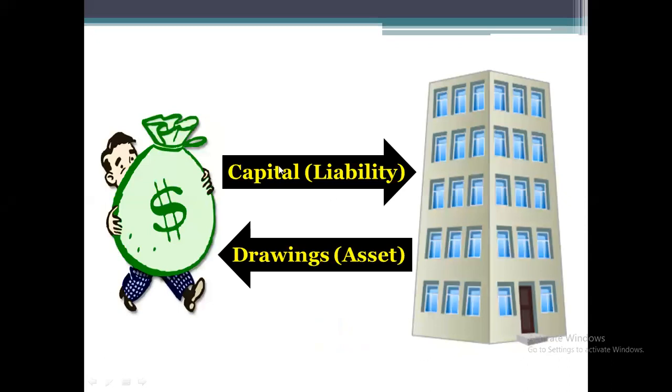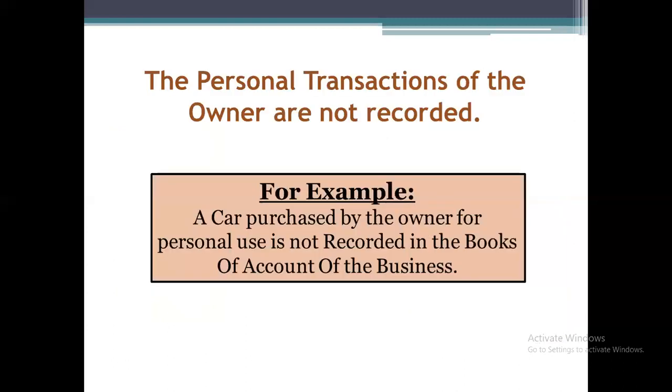That is the reason this concept came into picture, which says whenever the owner puts some amount into the business, that is called capital. And whenever he takes money, you will term it as drawing. So you need to keep track of how much the owner has given to you, and how much he has taken from you. I hope this concept is clear.